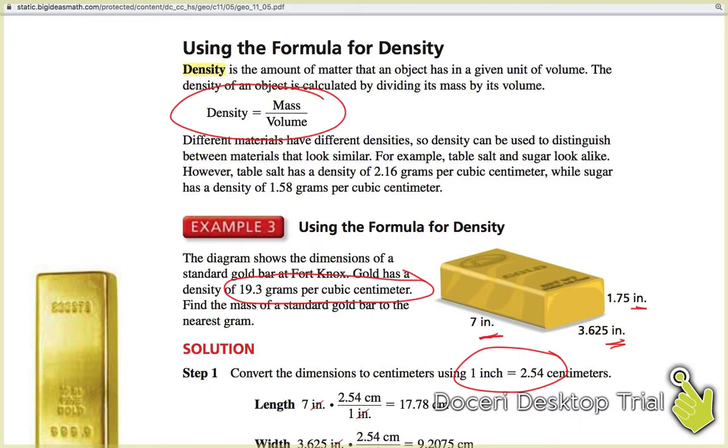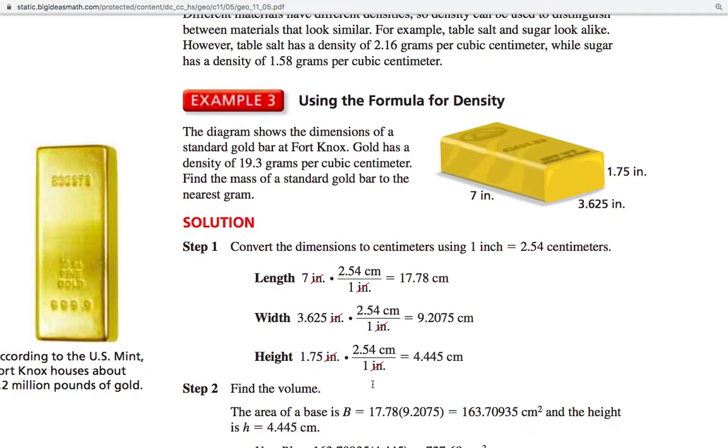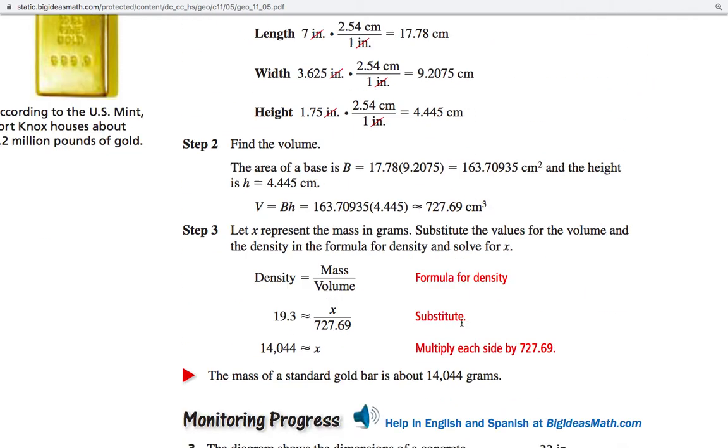That's one that maybe you should learn. That's one that I know off the top of my head, inches to centimeters, just because I've used it a few times. But it's helpful in case you're ever doing some calculating there. We would find the volume of that. So the density 19.3 equals mass divided by whatever the volume is. We can multiply, we can solve it. The only real difficult part about that is converting to the centimeters.